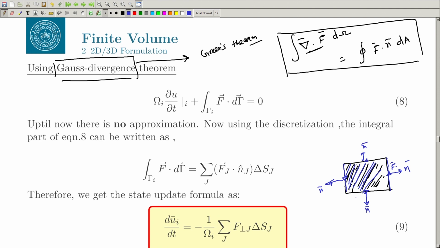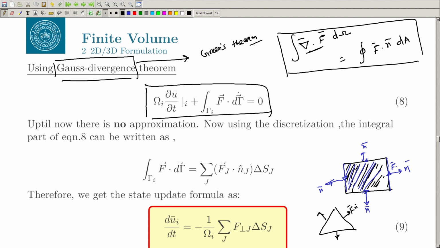It can be done for 3D also, and for the triangle also. So, let us say if you have a shape like this, then you can use it like this. That way you can calculate. This is f dot n. So, you can write your formula like this.